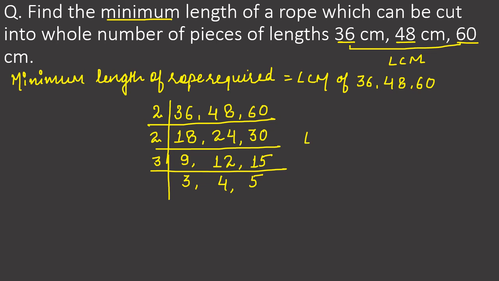So LCM is equals to 2 multiplied by 2 multiplied by 3 multiplied by 3 multiplied by 4 multiplied by 5. So 2 2s are 4, 4 3s are 12, 12 3s are 36, 36 4s are 144 and 144 into 5, 720.